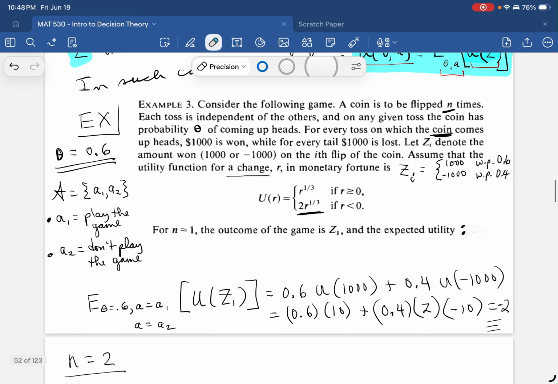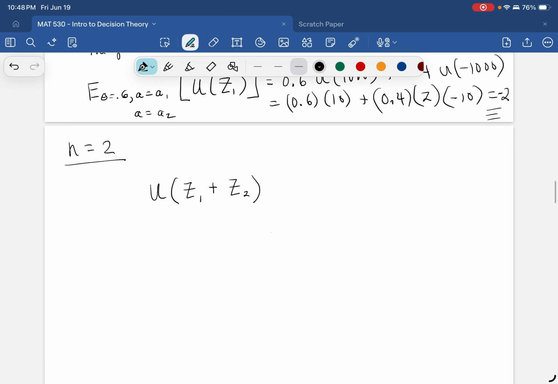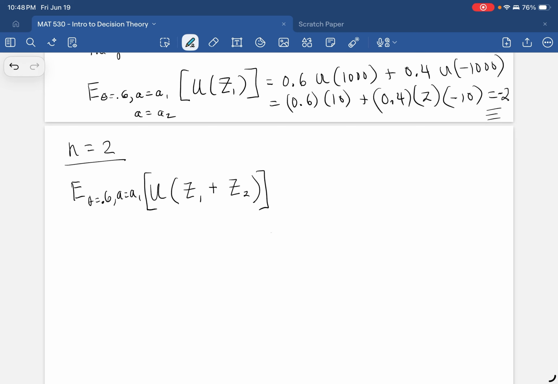Recall what we have here. So we've got to calculate the expected value, given our state of nature, and we're just considering the action where we play the game, because if we don't play the game, the expected utility is 0.